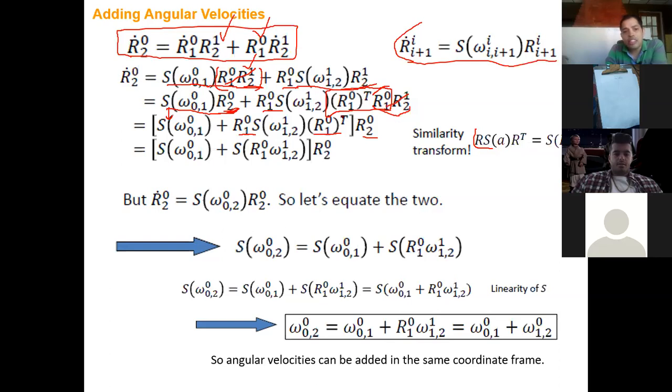So how do you rewrite this term using this relation? What is your R? R is R10. And what is your A? A is omega. That's how you get this one.